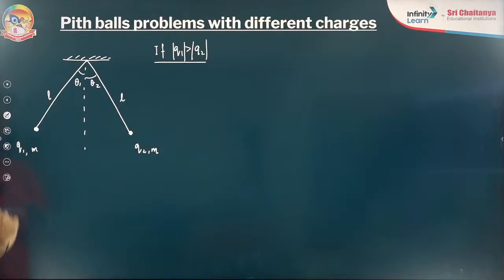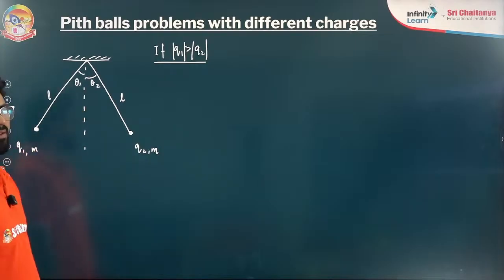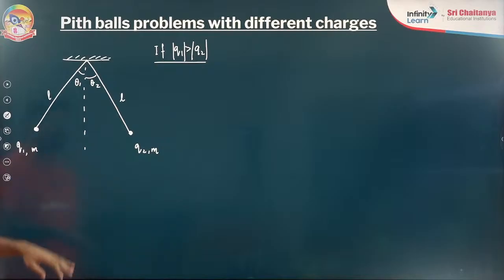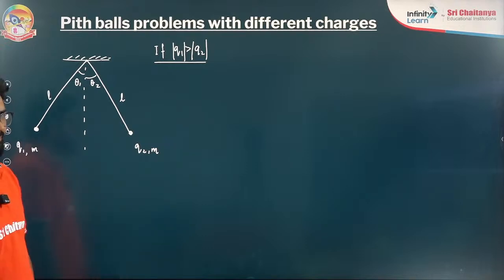Now we have to solve this part. Which is greater, theta 1 or theta 2? Can anyone answer? Yamini Priya, Sudhakar, Sharanya, Rahul, Praveen, Kaushik. Can you answer which would be greater?